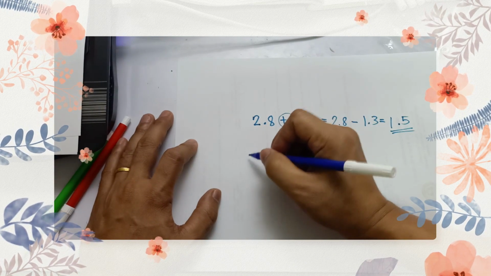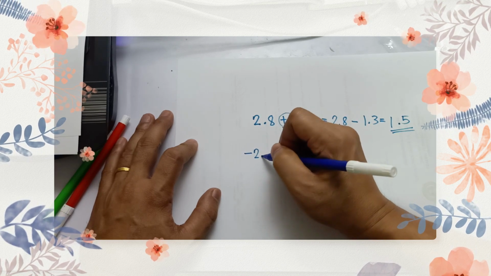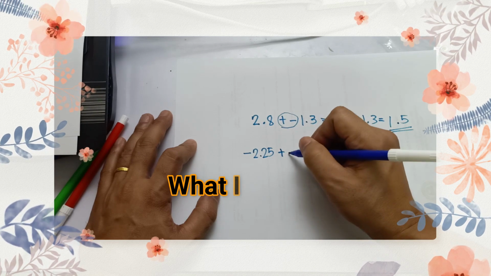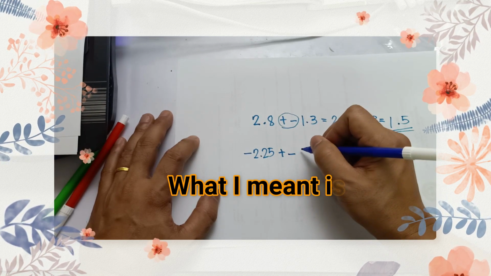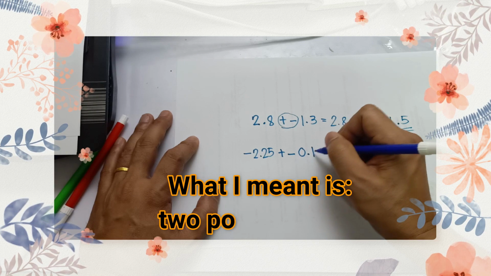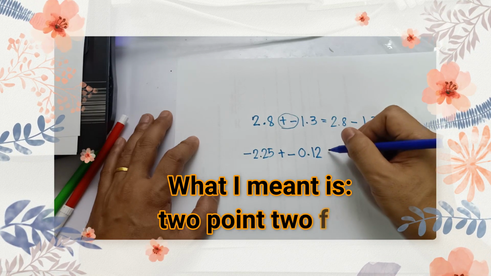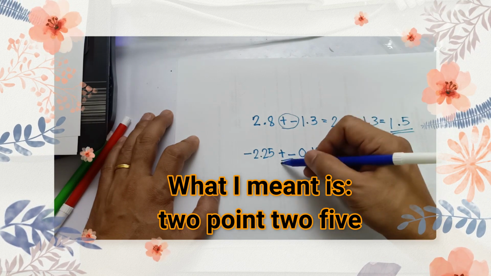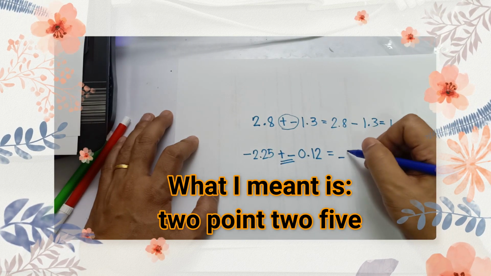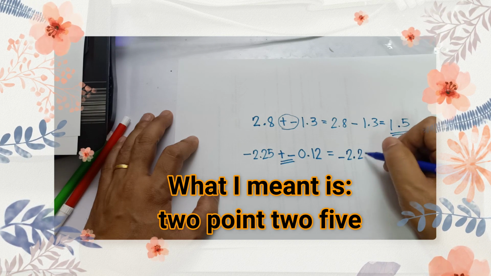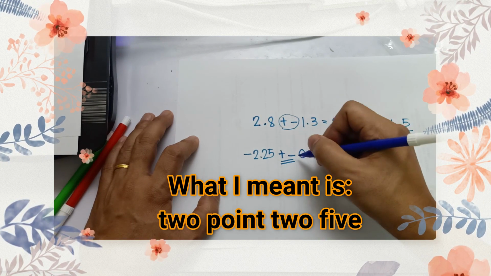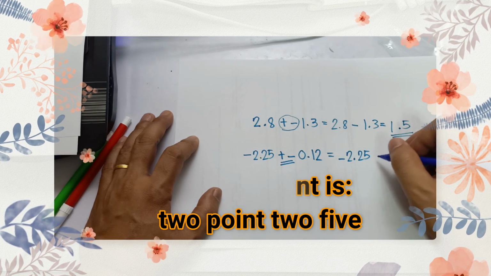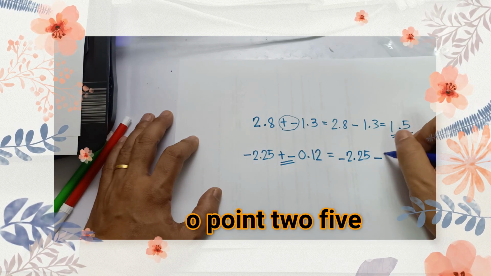What about if you have negative 2.25 plus minus 0.12? What will be the answer? Simplify the signs first. Plus minus appear next to each other, so that is minus 0.12.